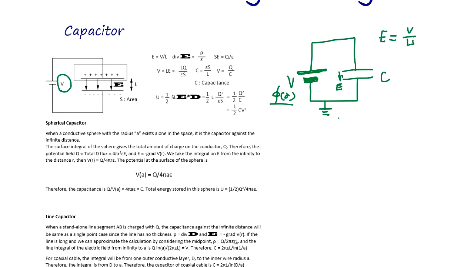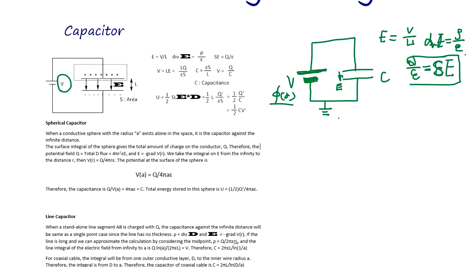It's divided by length L. And because of divergence, E equals rho over epsilon. The total Q over epsilon is area times E, so you establish the equation here.